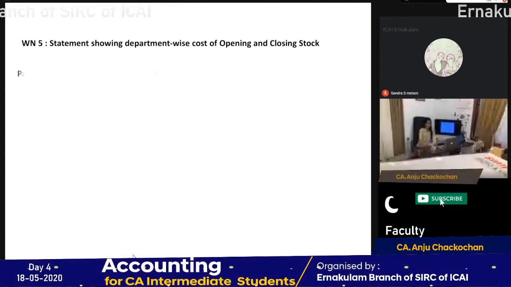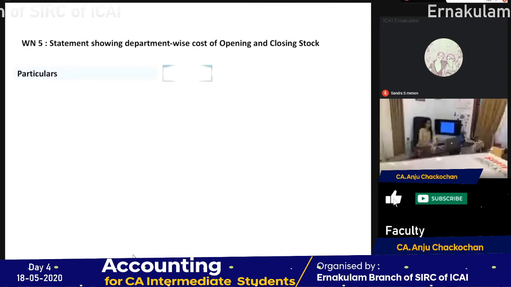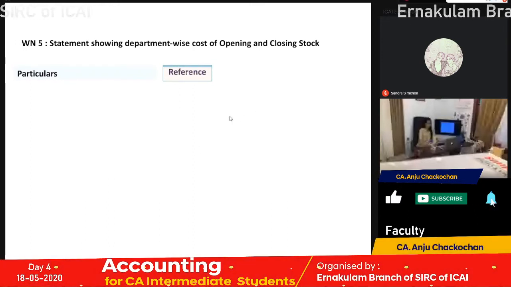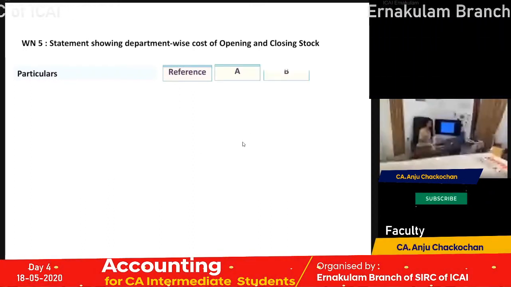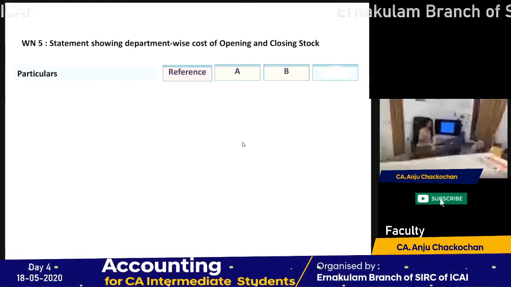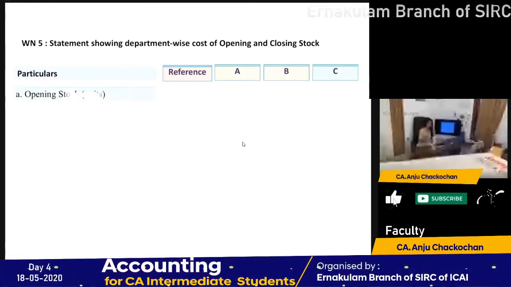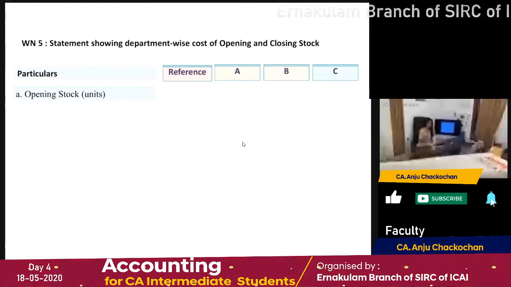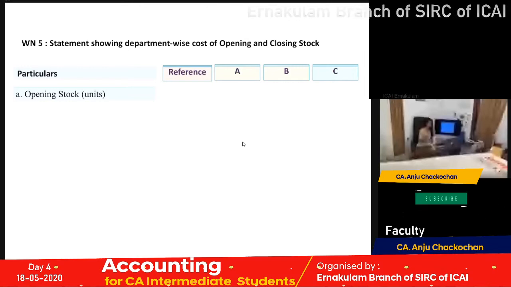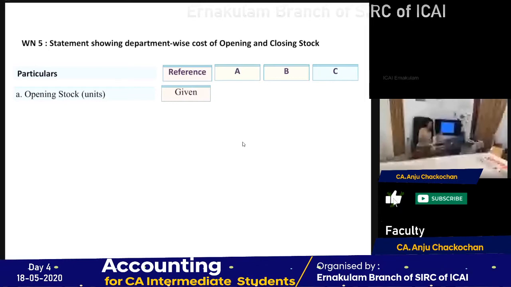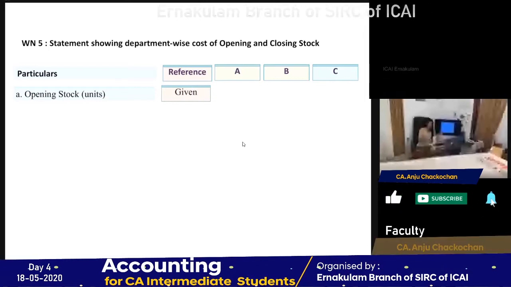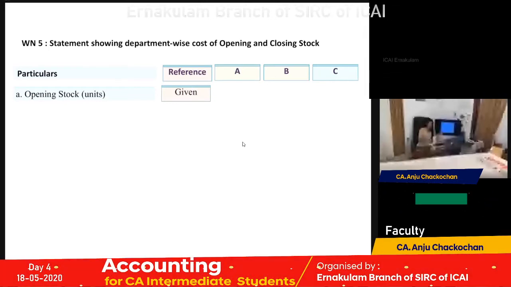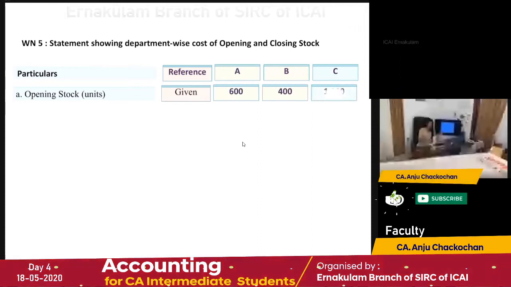Okay. So here we have the particulars, the reference column, and for all the three departments, Department A, Department B, and Department C. Okay. So here we go. We have the opening stock units, which we computed just before. So you will be giving in the reference column as working note number 4. Okay. And then the figures are 600, 400, and 1,000.